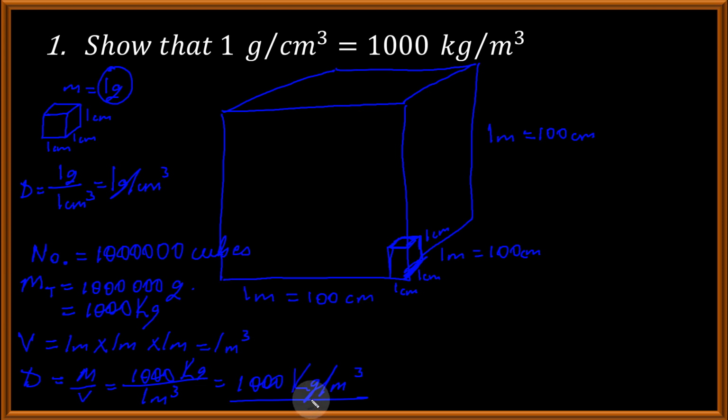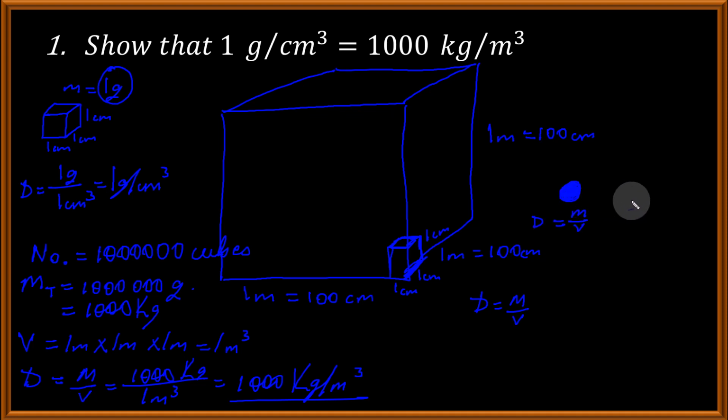At this point, we would like to pause and ask ourselves, what is the meaning of density when we say that density is equal to mass over volume? The ratio of mass to volume of any substance. What does this mean? It means that if I've got a certain volume of a certain material here, and I divide its mass by its volume, I'm going to get density.